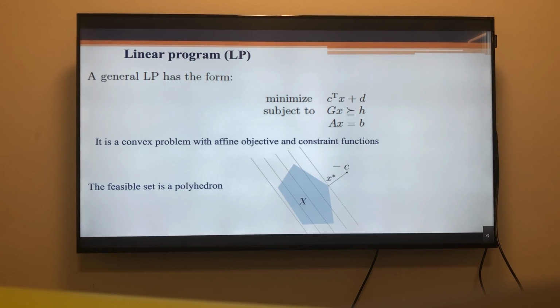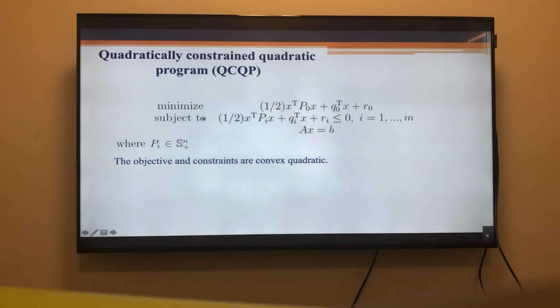The linear program has this form. It is a convex problem with affine objective and constraint functions, and the feasible set is a polyhedron, which is shown here. And for the QCQP, it has this form.